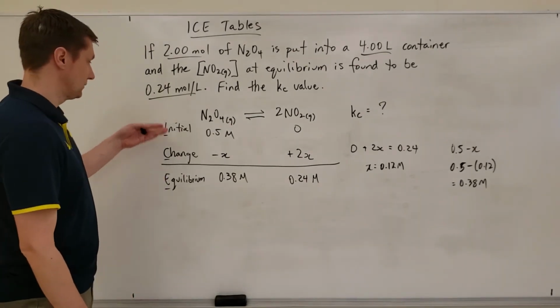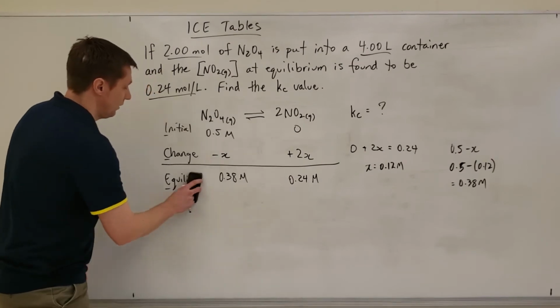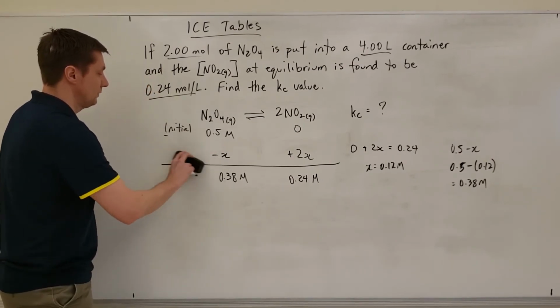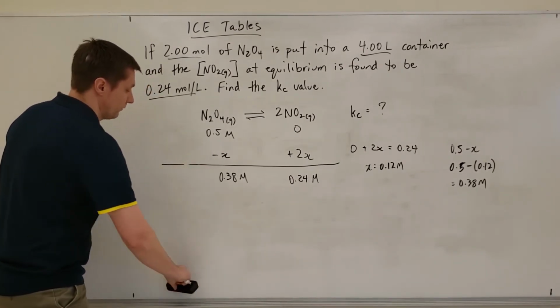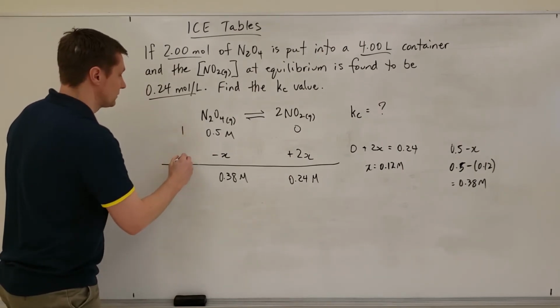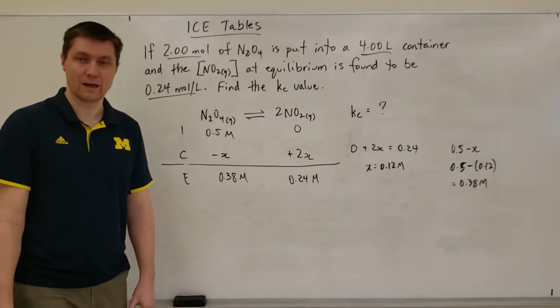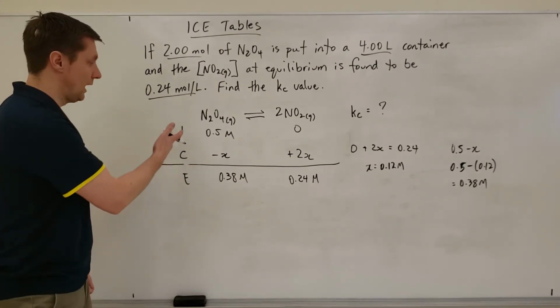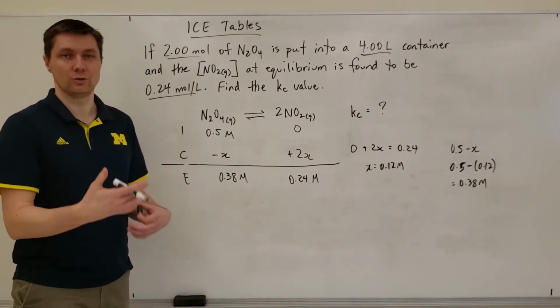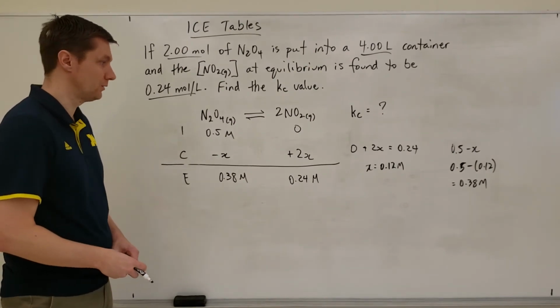That's why we call these ICE tables. So oftentimes you'll see me just write out ICE like that when we do practice questions. And you need to know what the I and the C and the E stand for so that you can properly set these tables up and do these questions.